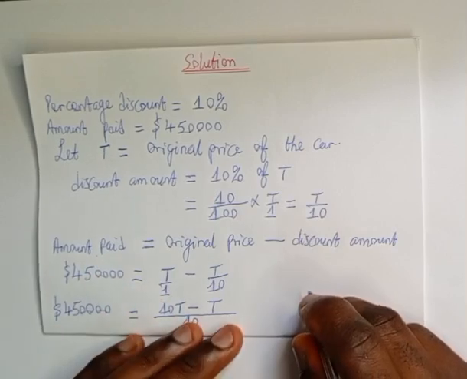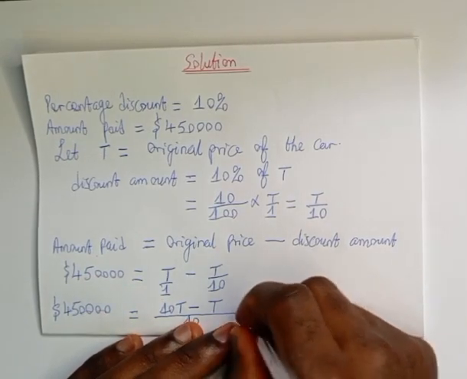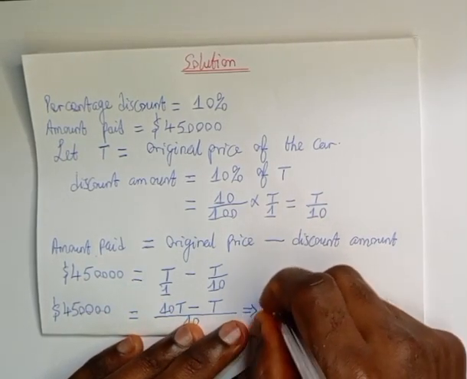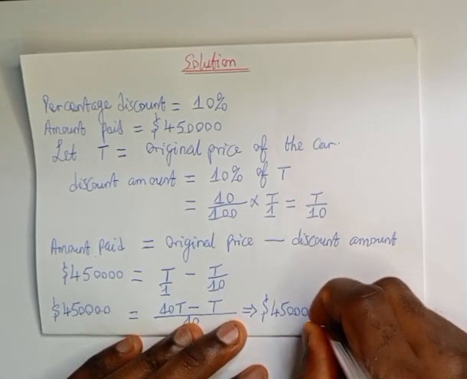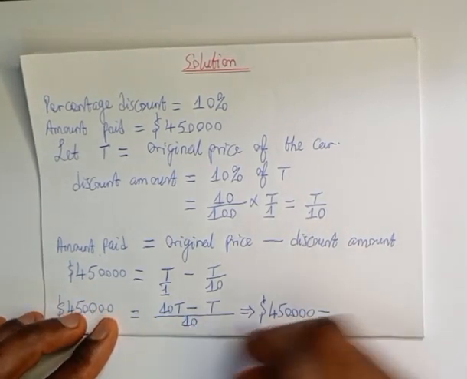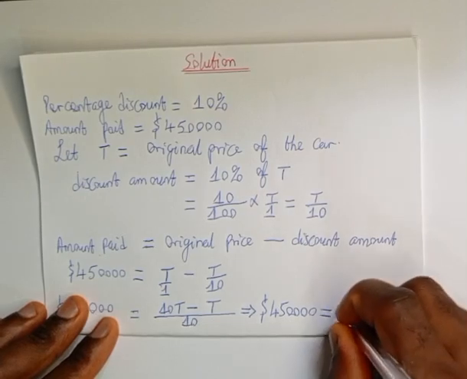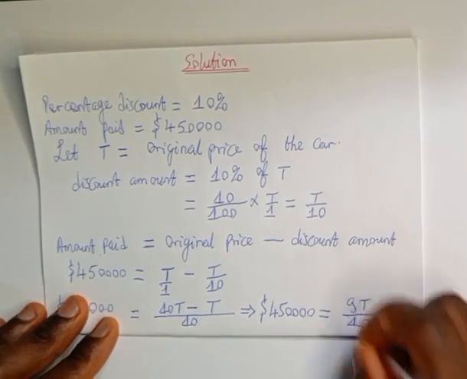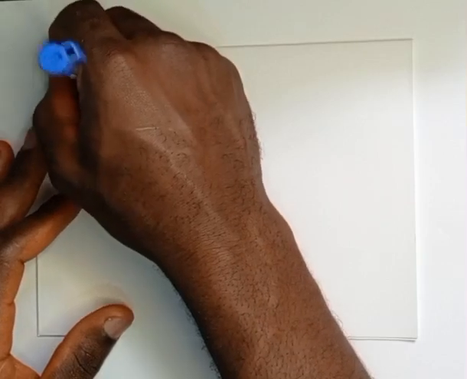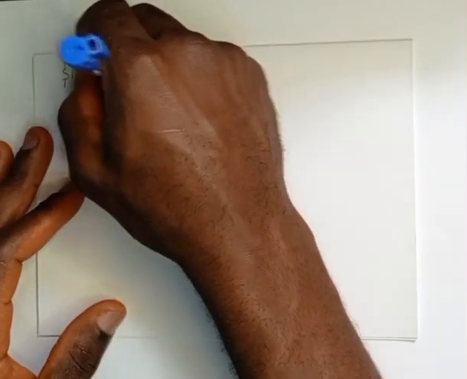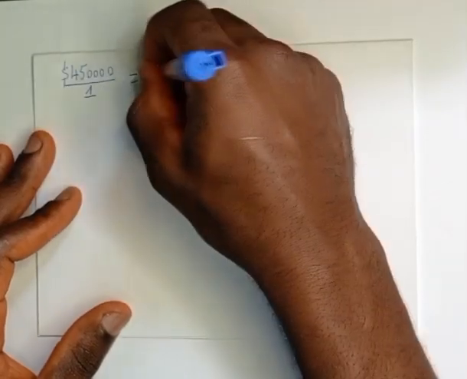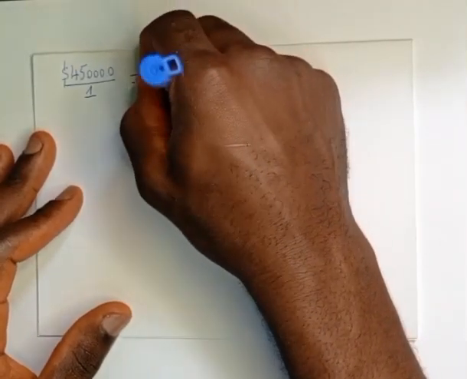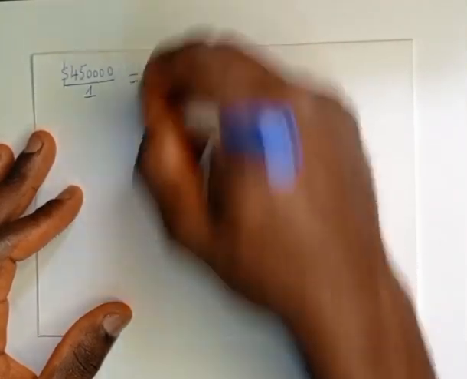At this level, we are going to say then $450,000 will be equal to 10T minus T gives us 9T over 10. We can express $450,000 as $450,000 over 1 is equal to 9T over 10.